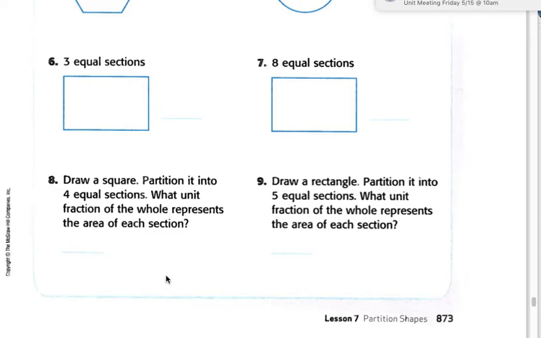Well, what I would do here is draw a square and draw a line down and a line across, and now I have 4 equal sections. What fraction does one of those sections represent? The answer is 1/4. 1 section out of 4.